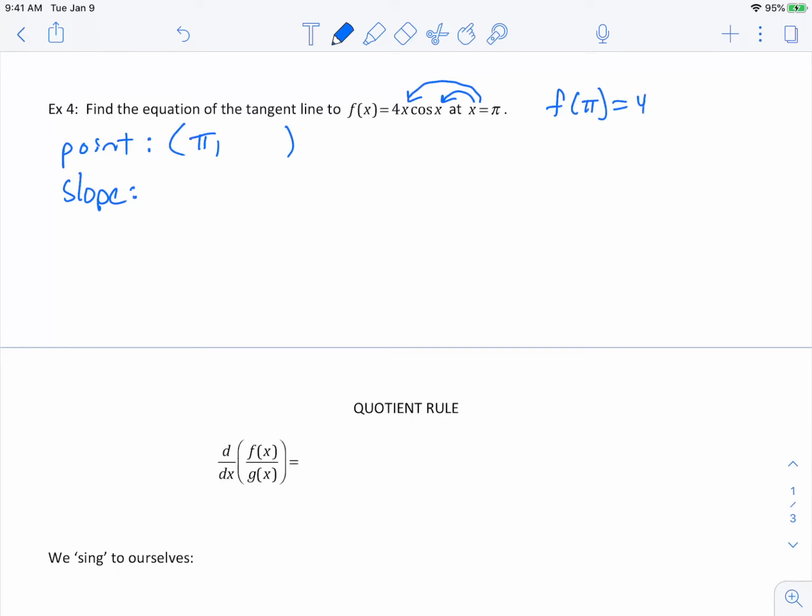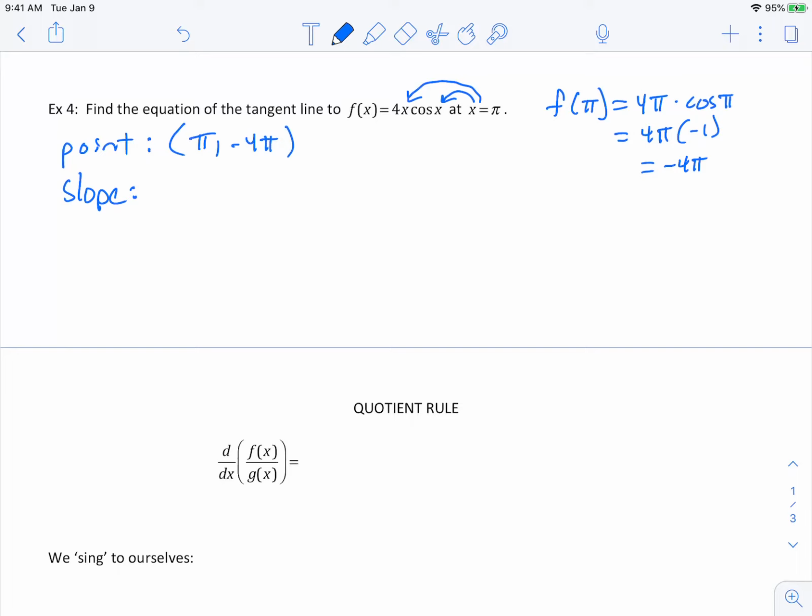So that's going to be 4 times pi times the cosine of pi. And so that's 4 pi. Cosine of pi is negative 1. And so I get negative 4 pi.